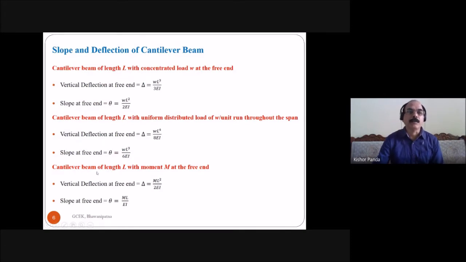Then a cantilever beam of length L with moment M at the free end: the vertical deflection at the free end, delta, is ML squared by 2EI and the slope at the free end is ML by EI. So you have to remember the vertical deflection and slope of a cantilever beam with different loading conditions.